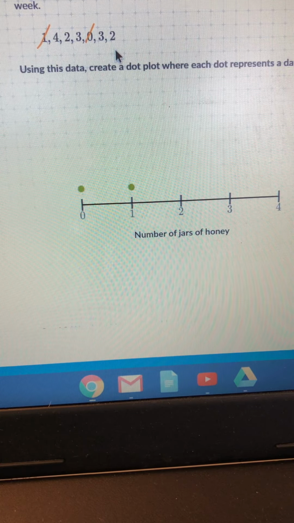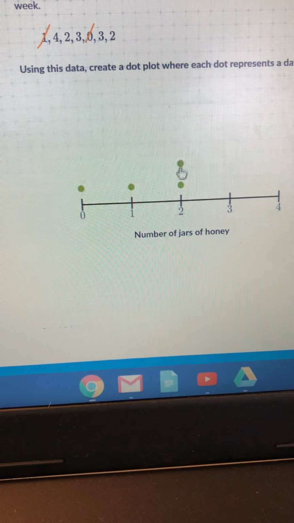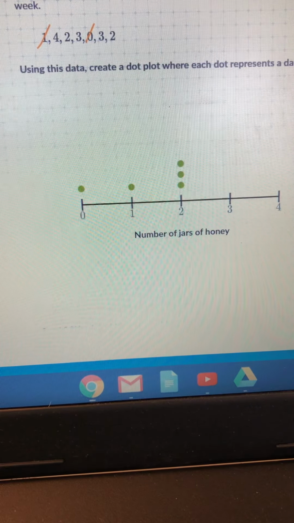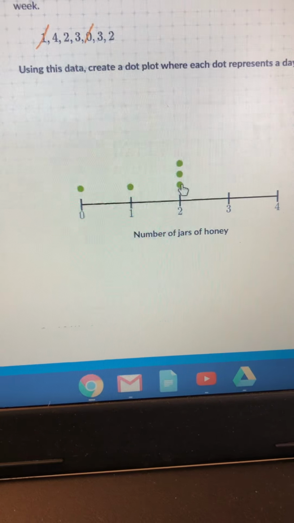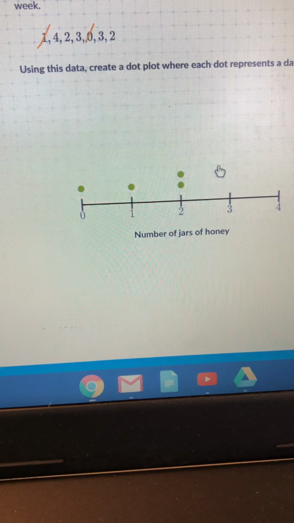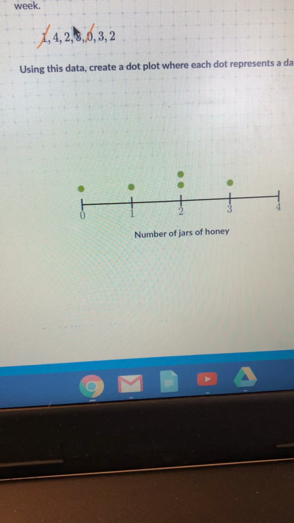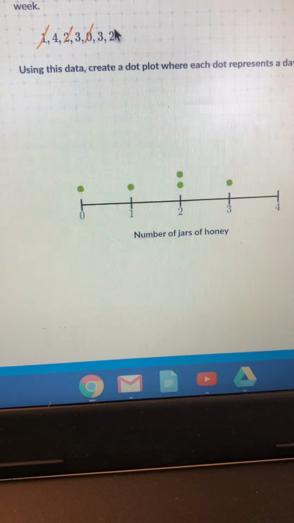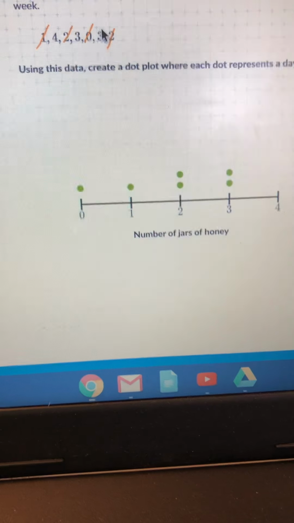There are 2 2s, so I need 2 dots above the 2, so just click 2 times. Whoops, I clicked 1 too many times. I think if you click on it, how do you delete a dot? There we go. I somehow just clicked again and it went away. All right, how many 3s are there? Actually, before that, let me cross out my 2s. 1, 2 crossed out. I see 2 3s, so I need 2 dots above the 3.